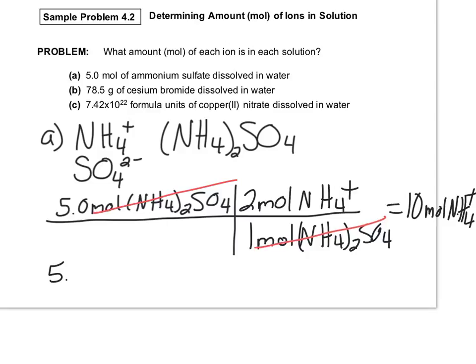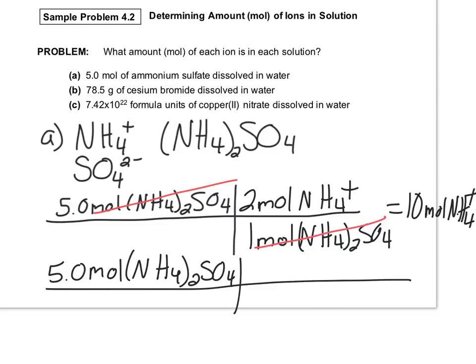So let's see, if I've got 5 moles of ammonium sulfate, again, I've got to get from moles of ammonium sulfate to moles of sulfate. That formula tells me that for every 1 mole of ammonium sulfate, I have 1 mole of sulfate. So let's go ahead and write that in our T. That has to go in the bottom, ammonium sulfate, because it's in the top. NH4, 2SO4.